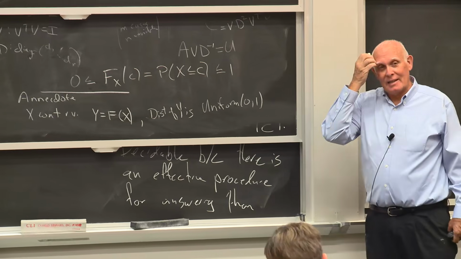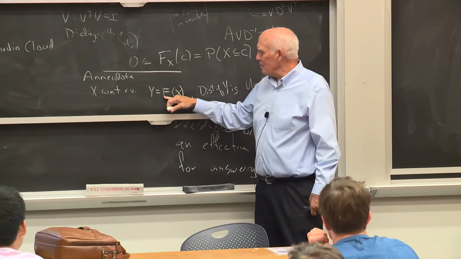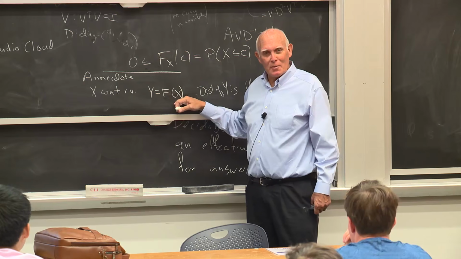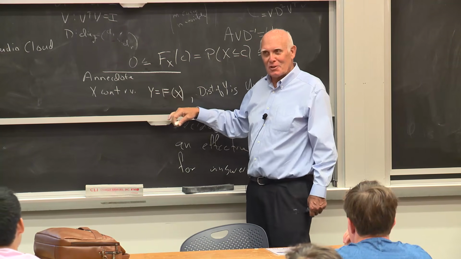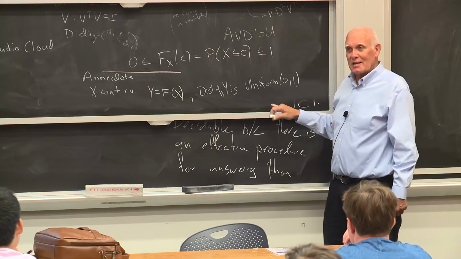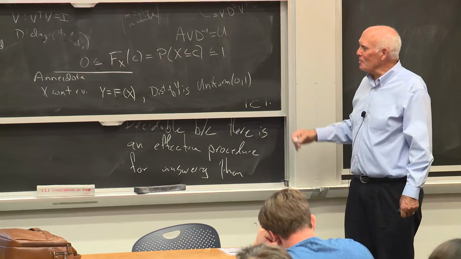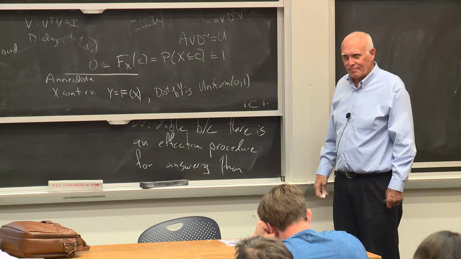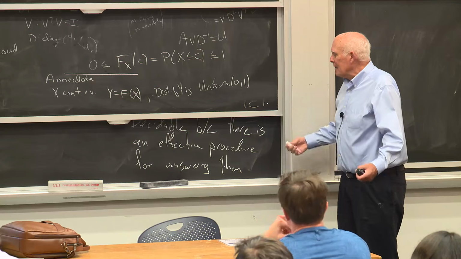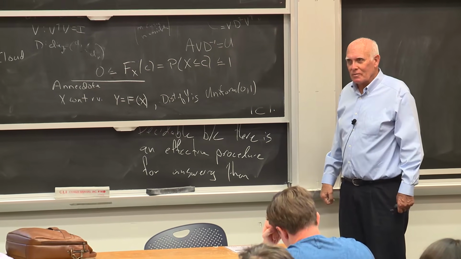What's really neat is that a monotone transform of the random variable X, whatever X is, so long as we know what the distribution is, transforms that to a uniform. This is true regardless of what F is, so long as F is continuous. And that property can turn out to be very, very useful.